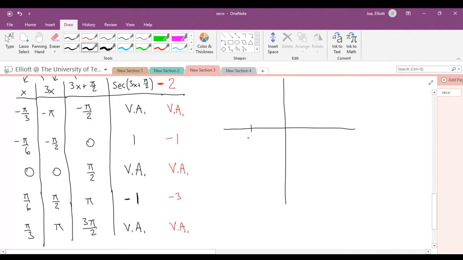So I guess I have x going from minus pi over 3, minus pi over 6, 0, pi over 6, and pi over 3. Okay. So we've got a vertical asymptote to start with at minus pi over 3. We've got a vertical asymptote at 0.